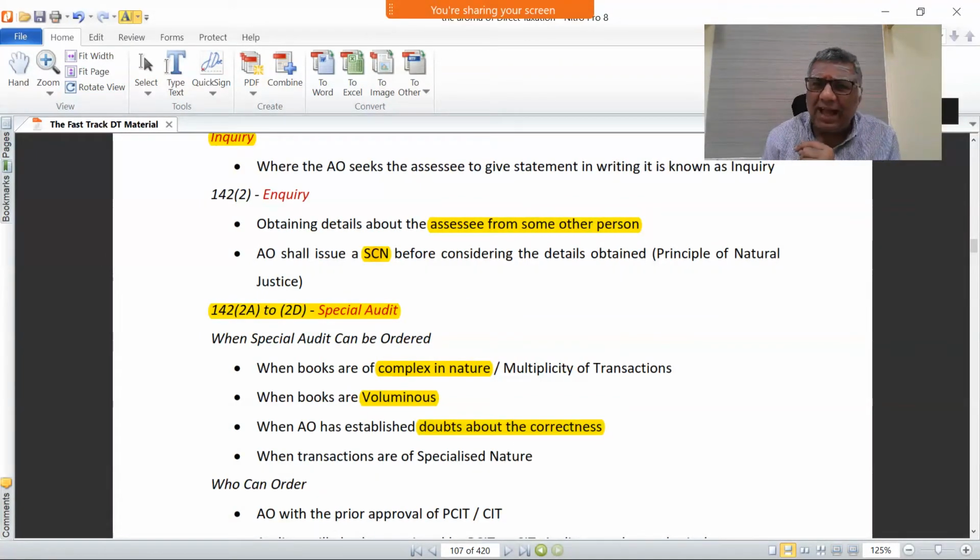Doubts about the correctness. I'm suspicious. Or the specialized nature of transactions, construction contracts. I want to understand whether he has done the percentage of completion method correctly. Probably 70% completed, but this man is accounting only 30%, 40%.